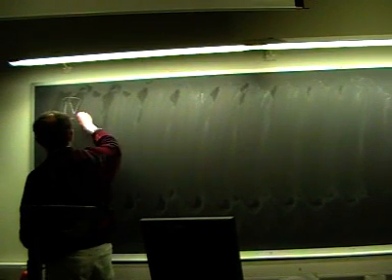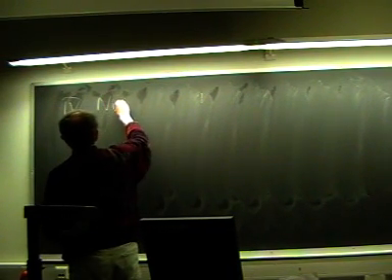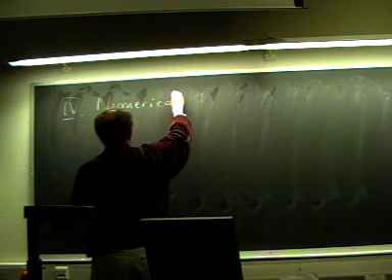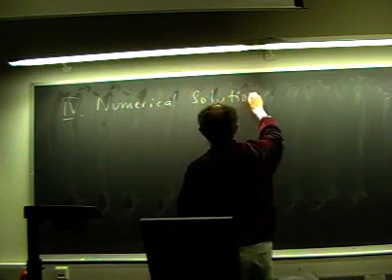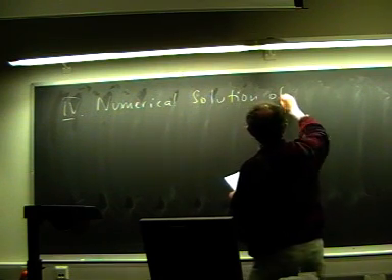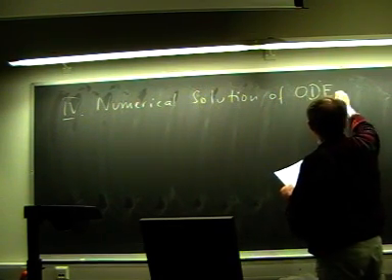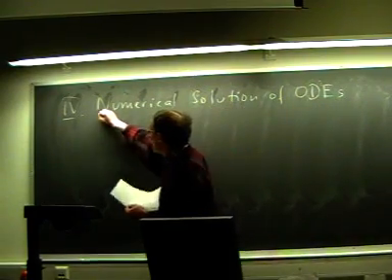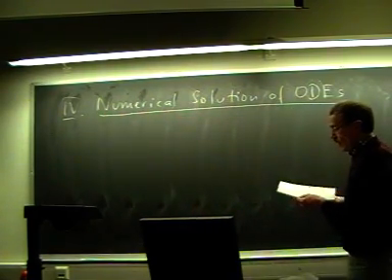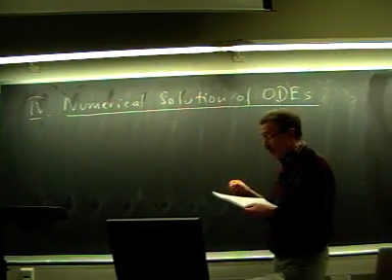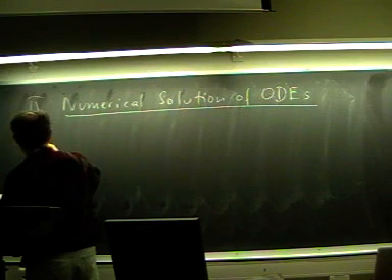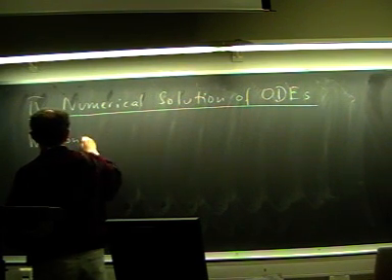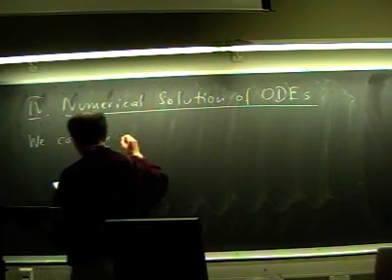So that will be our chapter 4: Numerical solution of ODEs, ordinary differential equations. We shall focus here on initial value problems. We also have boundary value problems, but we shall not consider them here.